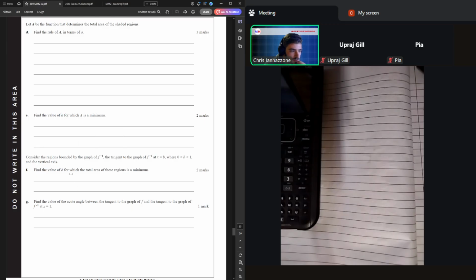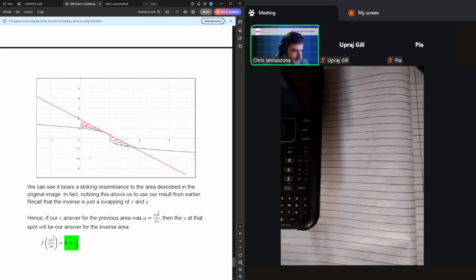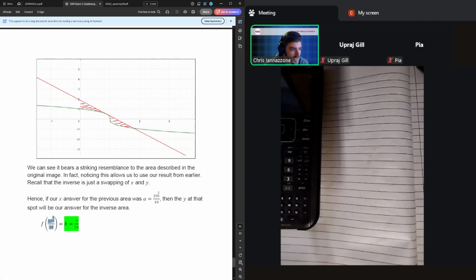And so even though we're looking for an x coordinate over here again, b, for which there is a minimum, because we've done all this flipping through the inverse, if we get the y, which would be at this spot, that in turn is the x for this one, because you're flipping x and y. And so all I end up doing is I shove the x value from the previous solution into f of x. That gives me the y, and therefore when you go through your whole inverse procedure, that'll come out to be an x value of the inverse function.